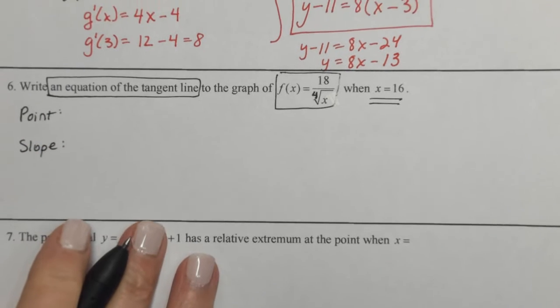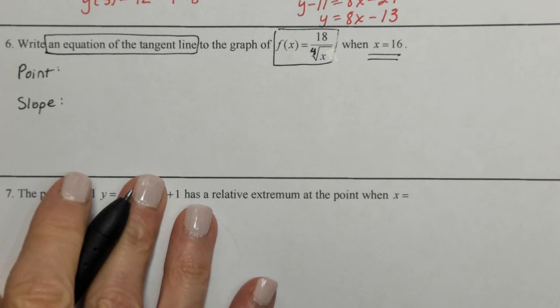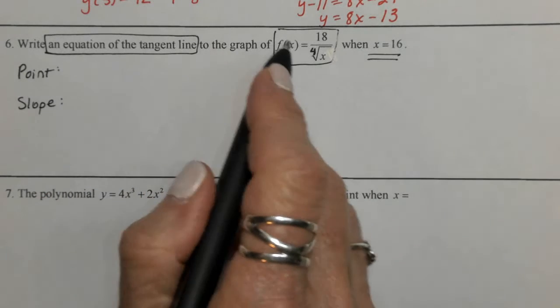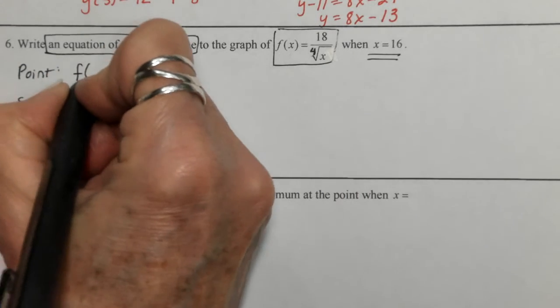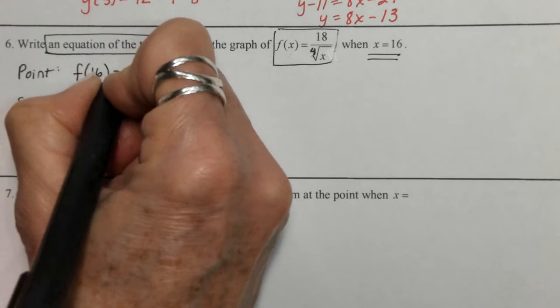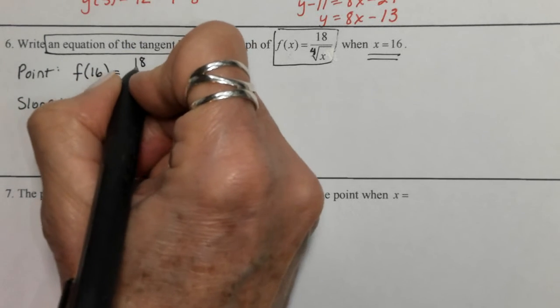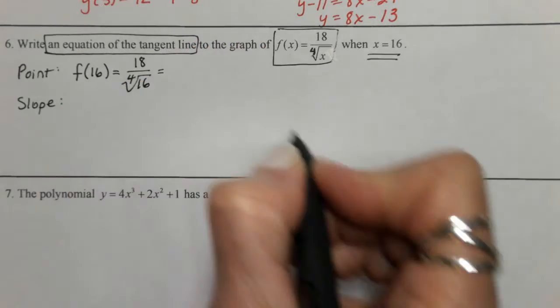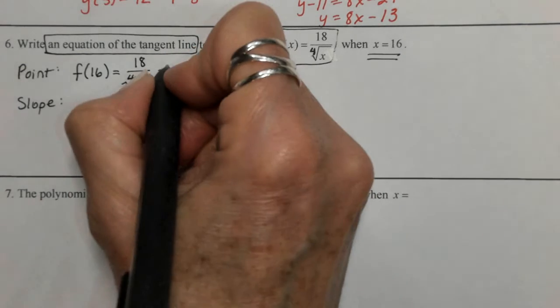Once I get the point and slope, I use the point-slope form of the equation of a line. So for the point, that will be f at the x value that we're asked to find. So I'll have 18 divided by the 4th root of 16. The 4th root of 16 is 2.